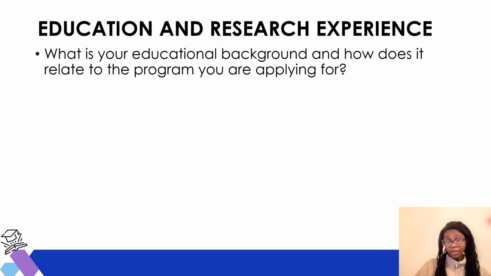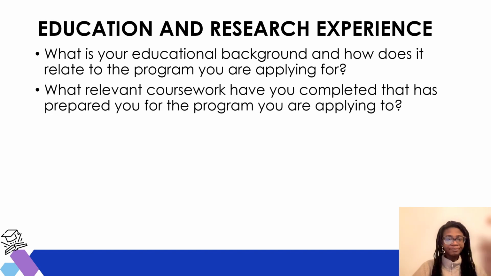For the education and research section, these are some of the questions that will help you brainstorm on what to write or what that section should entail. You could look at your educational background and how it relates to the program you're applying for. If they are not related, you need to explain why you are diverting. So you have to have a section to explain why you are diverting.